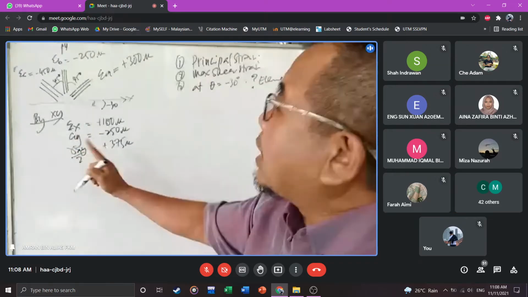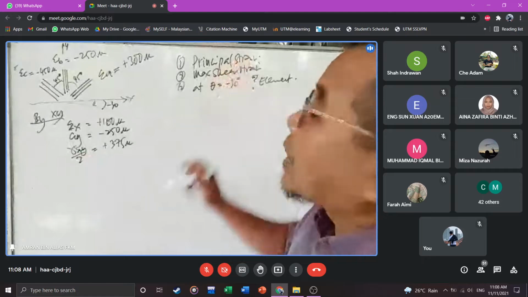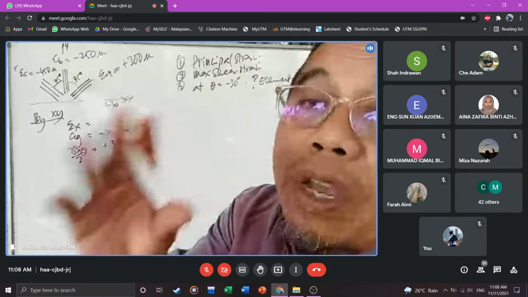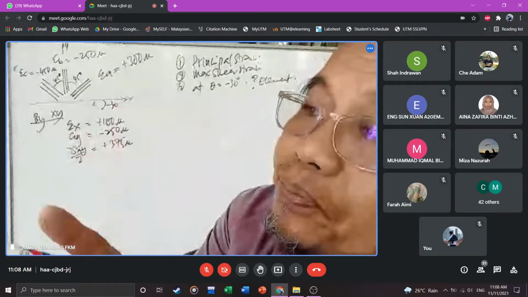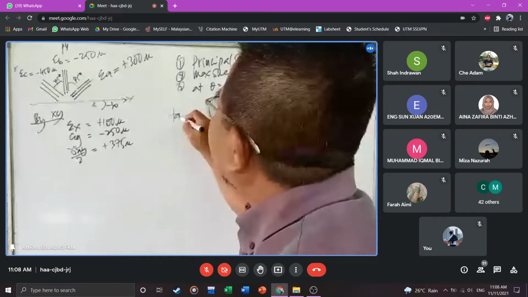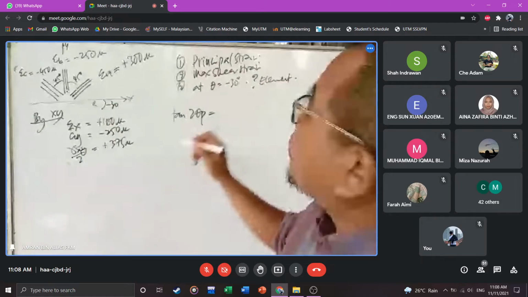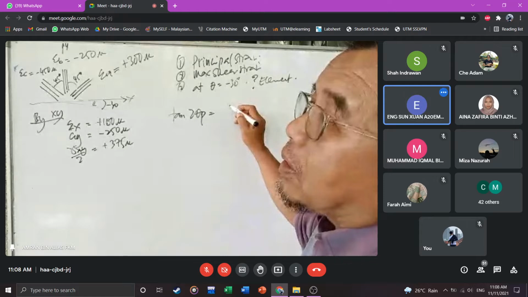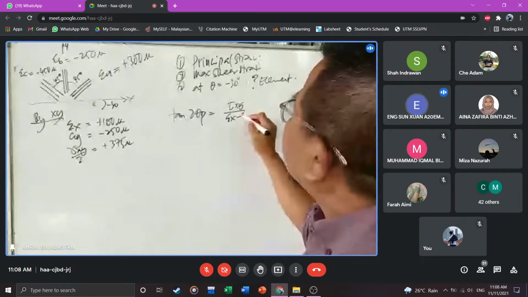Now we start by finding the principal strain. What was the equation last time? The first step is the tangent: tangent 2 theta P equals tau xy over half of sigma x minus sigma y, that is, tau xy over the quantity sigma x minus sigma y over 2.